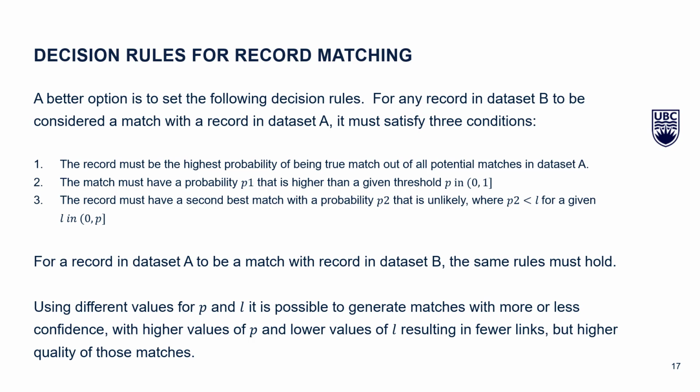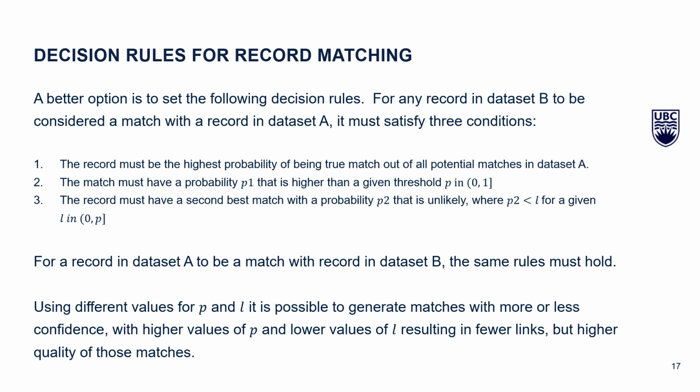Number one, the record must have the highest probability of being a true match out of all the potential matches in dataset A. Number two, the match must have a probability that is higher than a given threshold P. This threshold is set by the researcher and is somewhere between 0 and up to and including 1. Number three, the record must have a second best match with a probability that is unlikely. That is, a probability that's less than another given threshold L, which is somewhere between 0 and P.